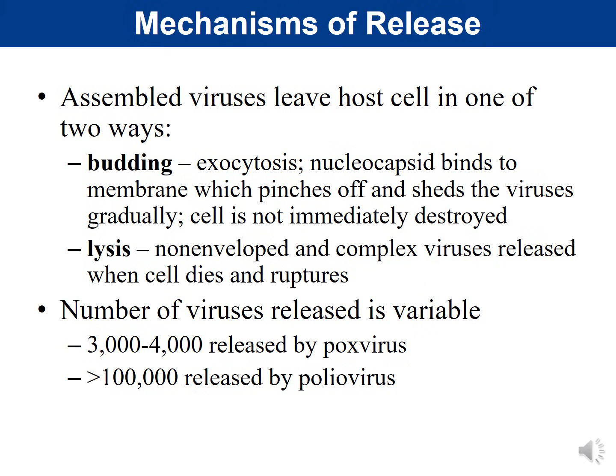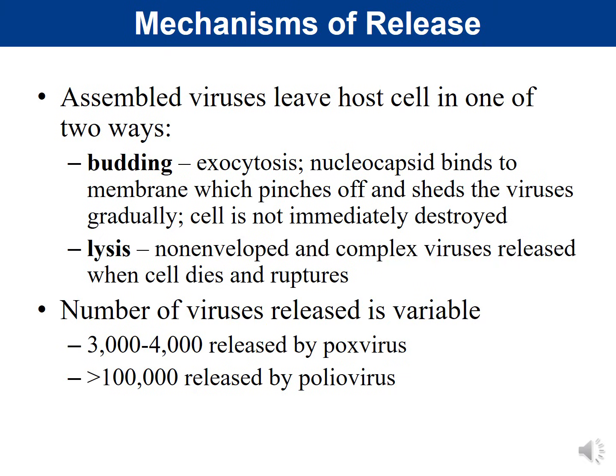So we're going to skip talking about the synthesis step and assembly, because depending on the type of virus, there are many, many different ways that synthesis can occur. And for the sake of time, we're not going to have time to talk about all of those mechanisms.